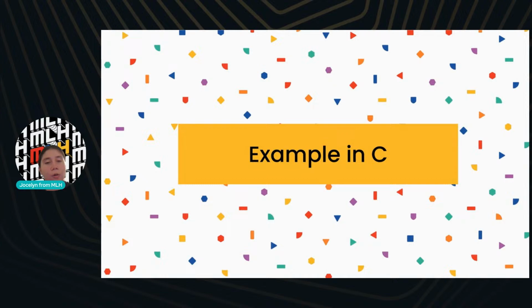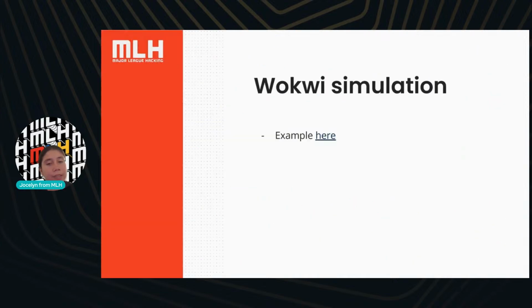All right, so we're going to go now into seeing an example in C for bare metal. For this, we're not going to be doing the Wokwi simulation. What I'm going to do is share this article that I found, which explains bare metal with Arduino at a really nice level.